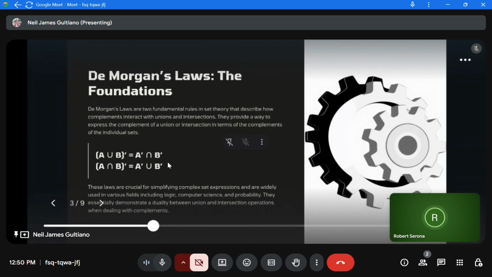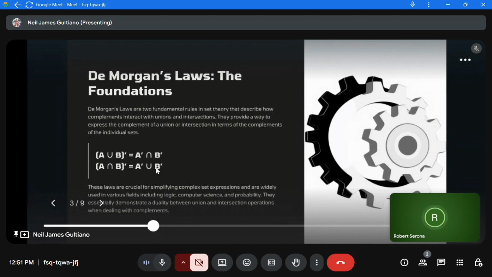The second law states that the complement of A intersect B is equal to the union of A complement and B complement. These laws reveal an important duality in set theory: union and intersection switch roles when taking complements.